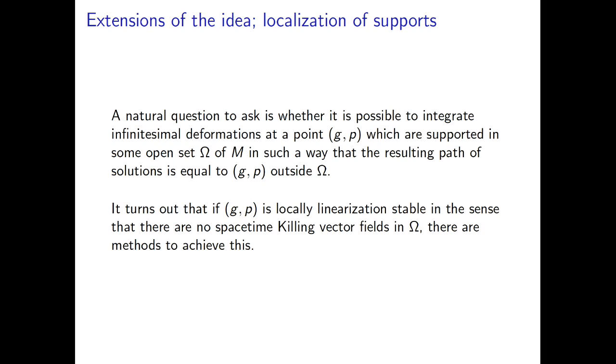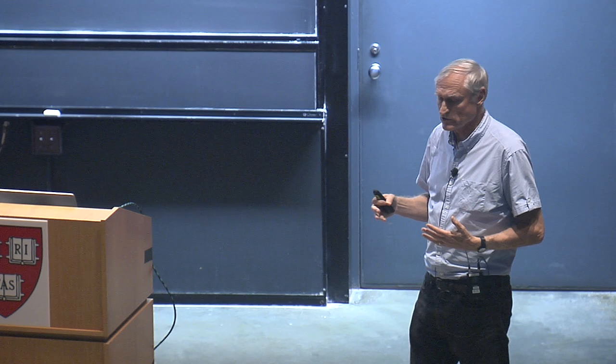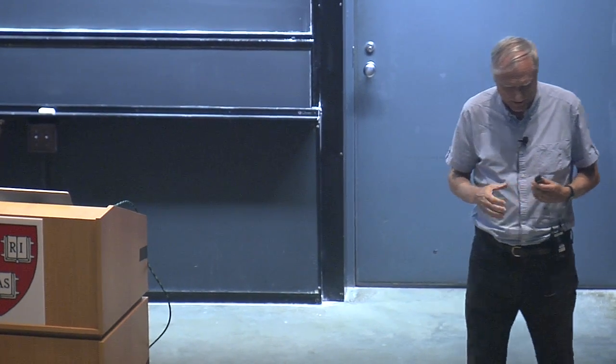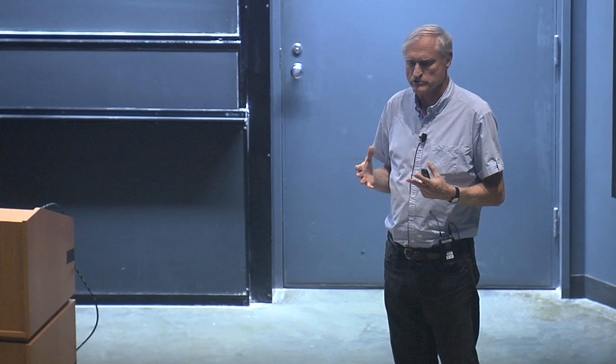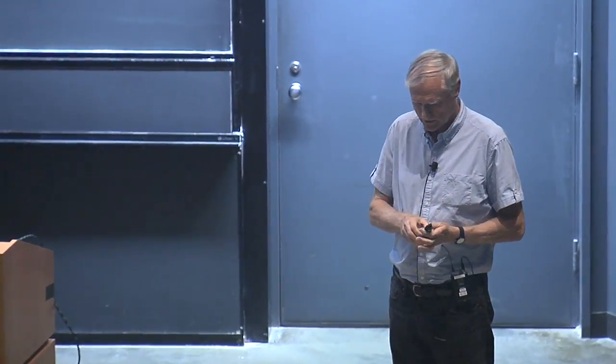And so in that way you can, in a certain sense, localize solutions of the Einstein equations, but only under this condition that you don't have space-time symmetries. And so you can also enlarge the idea a little bit by saying, well, the linearized constraint equations, although they're simpler than the nonlinear constraint equations, they're still not that easy to solve. It's still a linear system of equations.